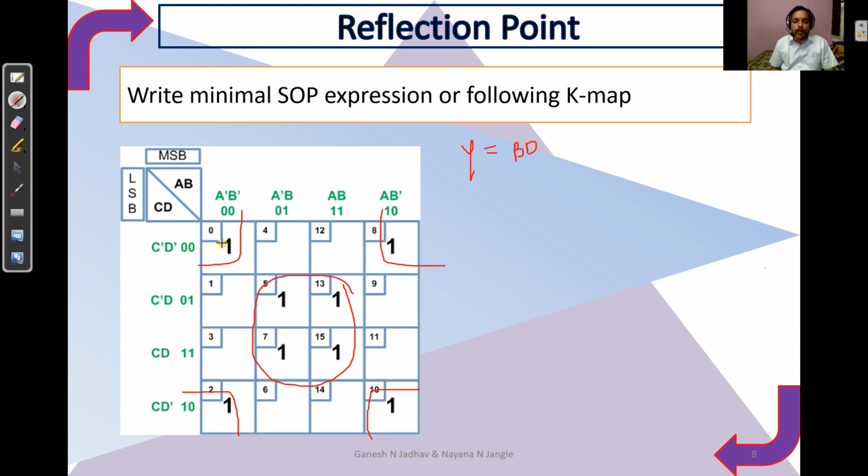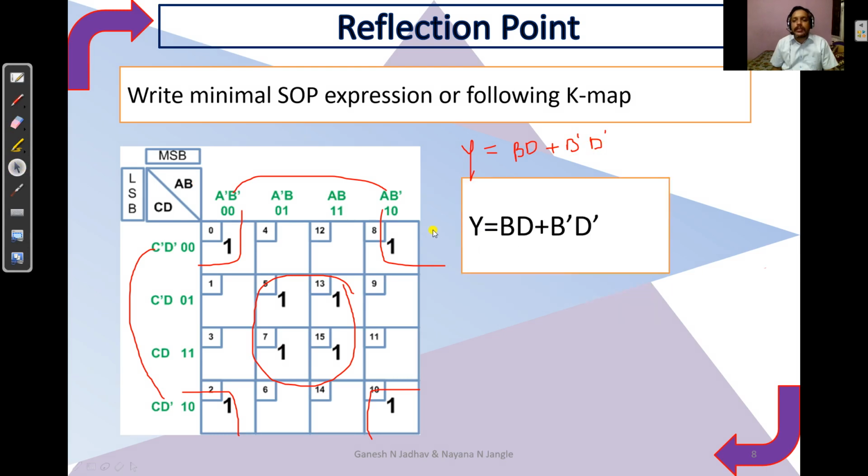For this, the non-changing on this side is B dash, and on this side it is D dash. So I can write B dash into D dash. The output expression is Y = BD + B'D'. All the corner 1s can be combined as a group of 4. See, this is the beauty of the K-map.